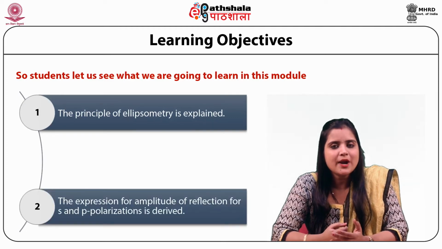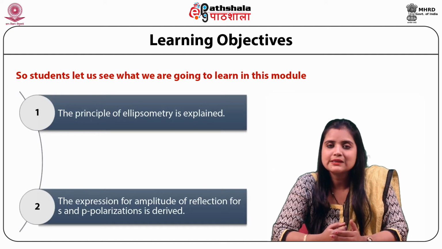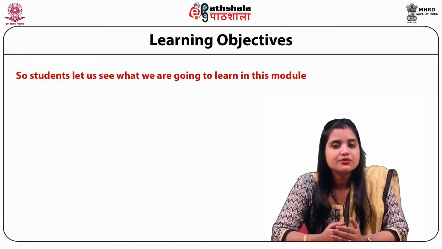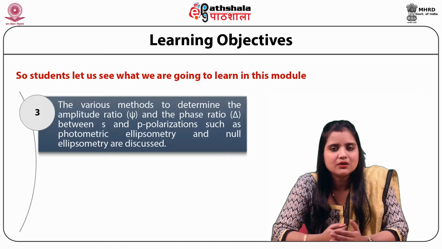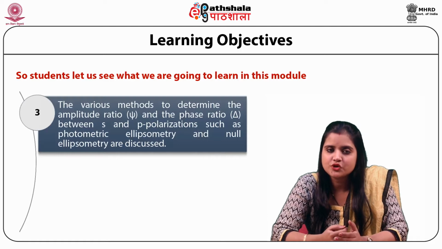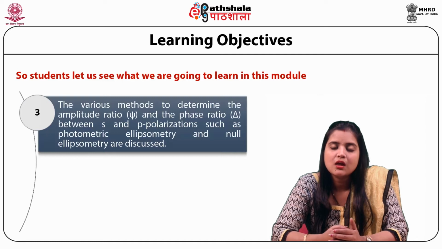Secondly, the expression for amplitude of reflection for S and P polarizations is derived. Third, the various methods to determine the amplitude ratio psi and the phase ratio delta between S and P polarizations, such as photometric ellipsometry and null ellipsometry, are discussed.